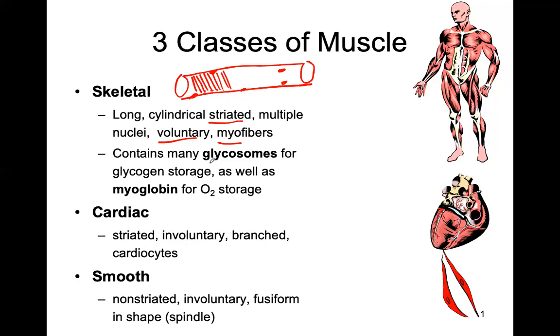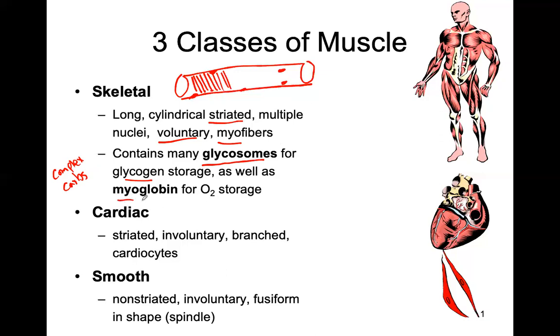They also contain what we consider glycosomes. Glycosomes are where you can store glycogen. Glycogen, if you recall, is a complex carb, and it is responsible for the storage of nutrients, or your sugar, quote unquote, for muscle contraction.